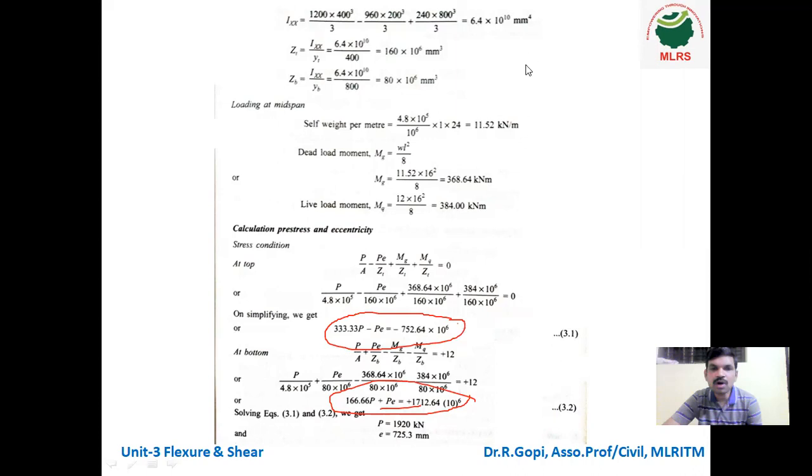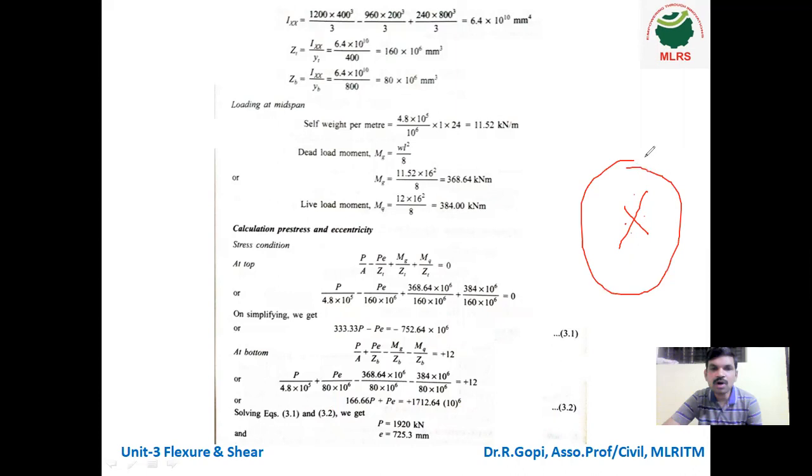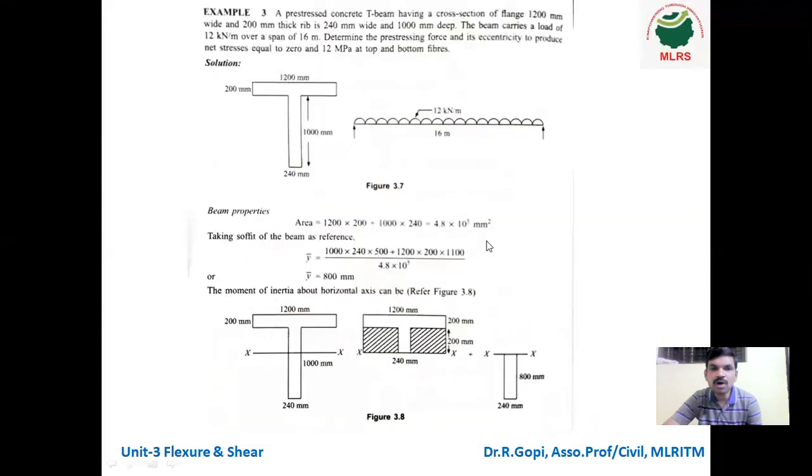So this problem is very important, students. Like this problem only, they will ask in the question under flexure. If an I section, unsymmetrical I section or unsymmetrical T section is given, first calculate the basic parameters: area, and the centroid distance.